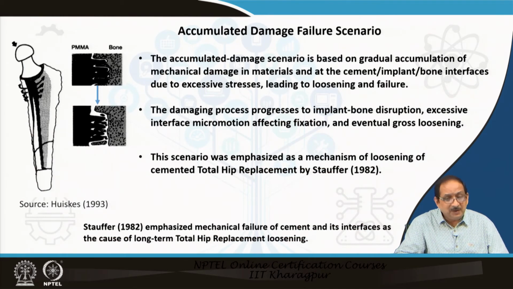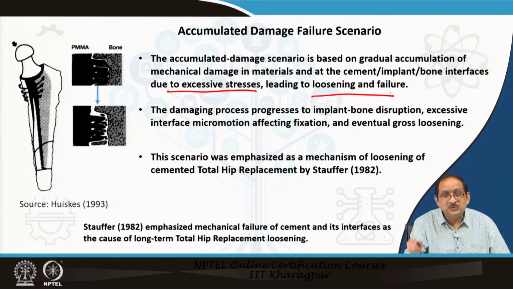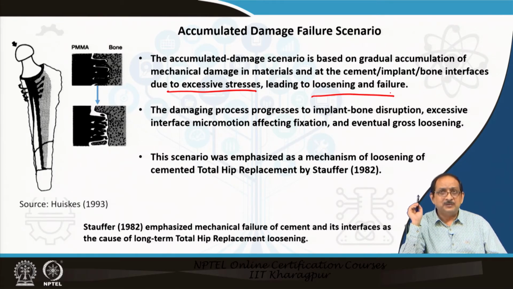Now, let us discuss the accumulated damage failure scenario. The accumulated damage failure scenario is based on gradual accumulation of mechanical damage in materials and at the cement, implant or bone interfaces due to excessive stresses, leading to loosening and failure of the implanted joint.